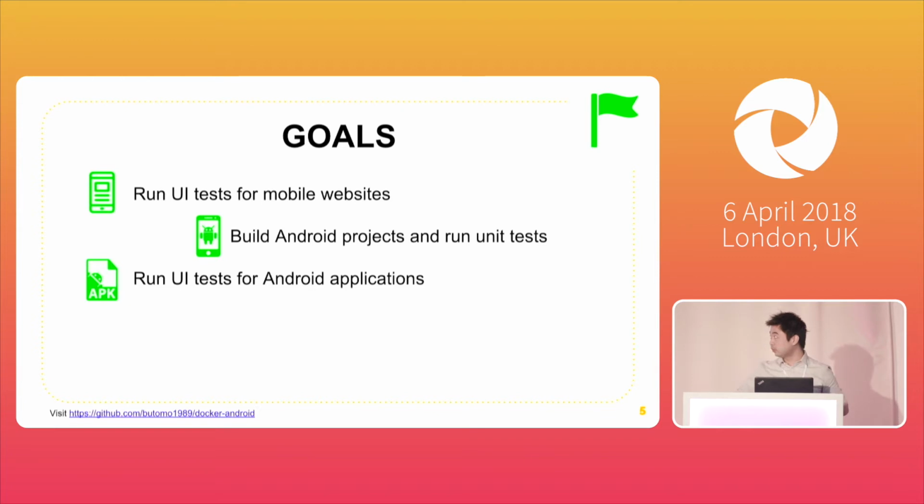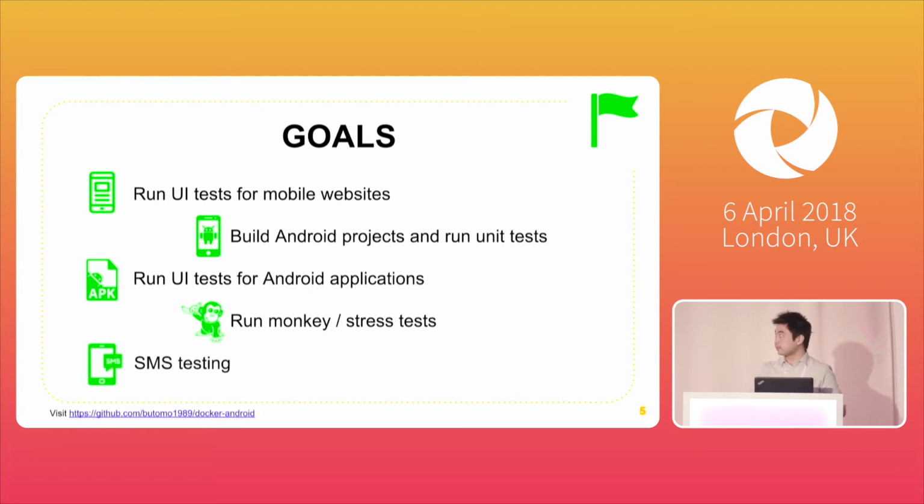And the next goal is to run UI tests for Android applications by using different test frameworks, including Appium. And it should also have a monkey tool or monkey scripts for chaos testing. So that is for the future. And it can be used for SMS testing.